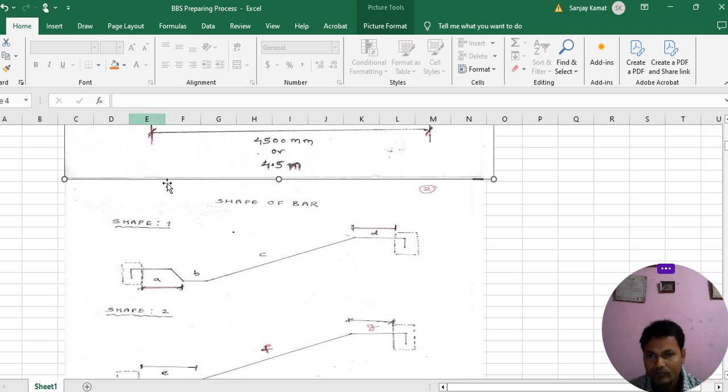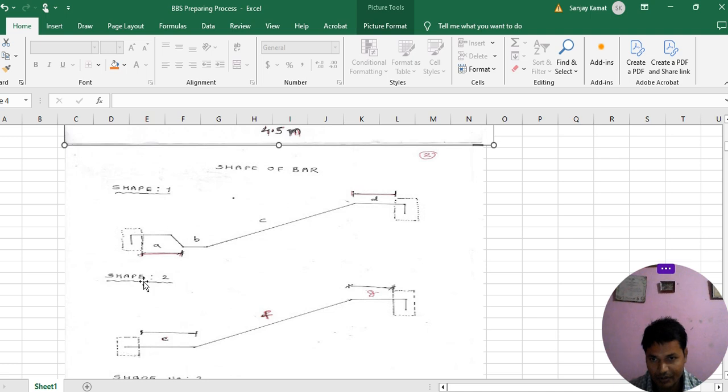And if we talk about shape 2, how is this possible? We neglect this part, and if we leave this beam, then what happened? E to this is G, F to G. So E is horizontal, F is sloping, and G is again horizontal, and this rod is again bending to the downward position.